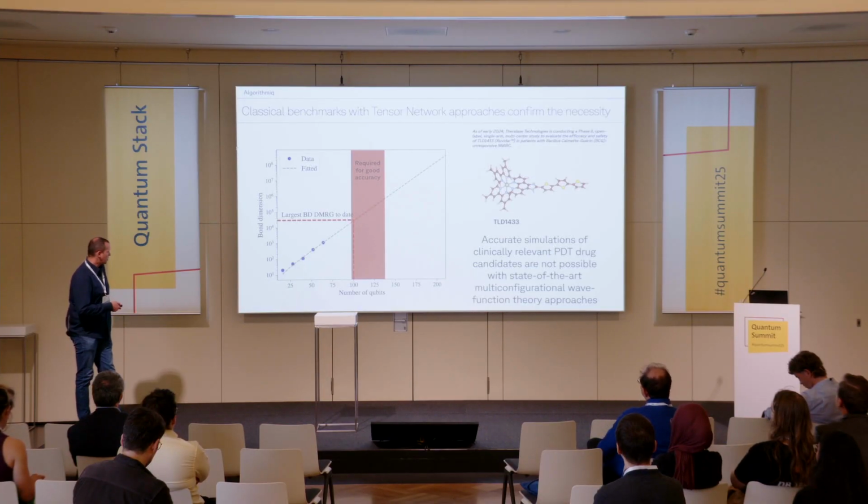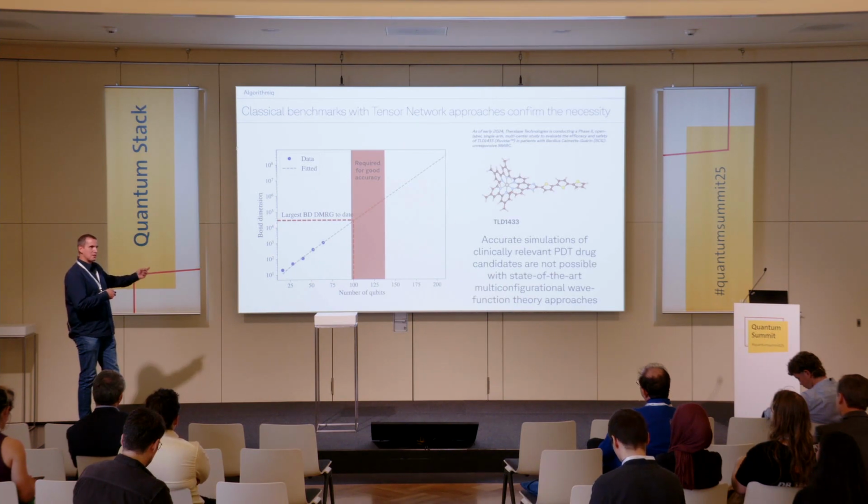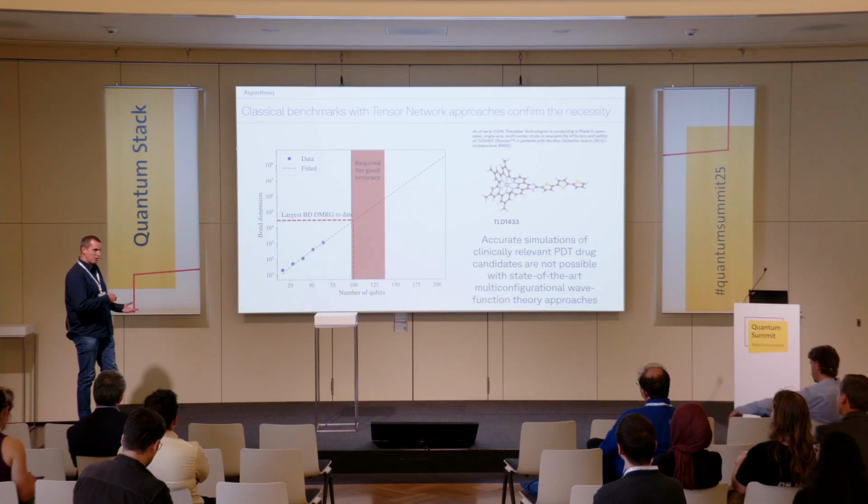Here we looked at the size of the problem we can study on a quantum computer versus the bond dimension, this parameter chi, as I mentioned before. These dots tell you how large chi has to be to solve the problem classically with sufficient accuracy to be predictive, okay?